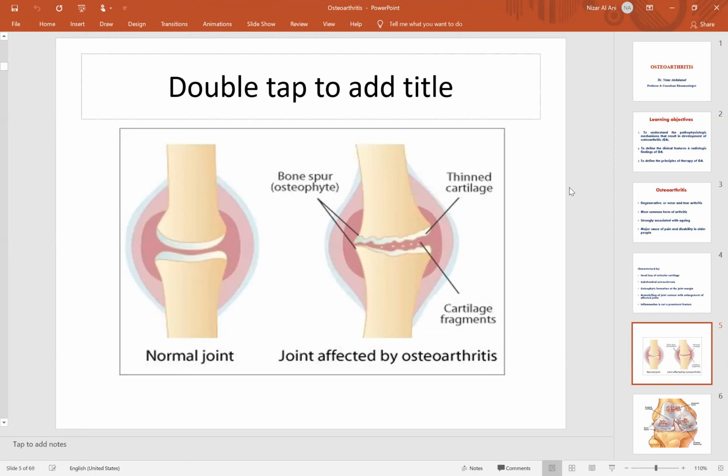This figure shows the component of normal joints and the joint affected by osteoarthritis. As we see here, there is thinning in the cartilage and cartilage fragmentation with the development of osteophyte, new bone formation.